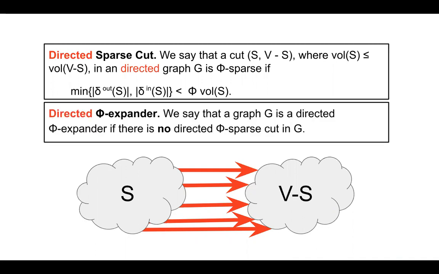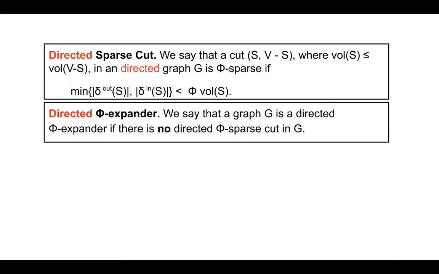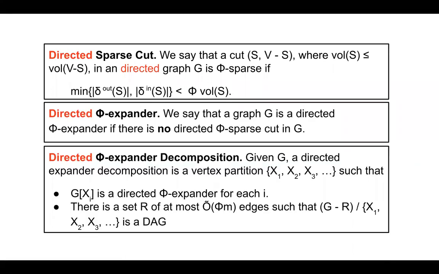And we define a directed phi expander, just like an undirected phi expander, to be a graph that has no directed phi sparse cut. And now the question is, and this is something that has not been stated before, so it's also a new concept, can we get some form of directed phi expander decomposition?